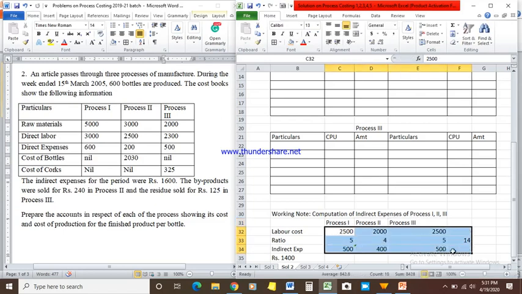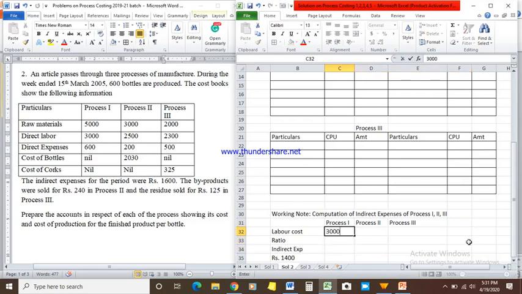Now the labor cost in this problem here is 3000, 2500, 2300. If I remove 2 zeros from each of them, it comes to 30 is to 25 is to 23, and the total of all these comes to 78. Now the indirect expense given in this problem is 1600.